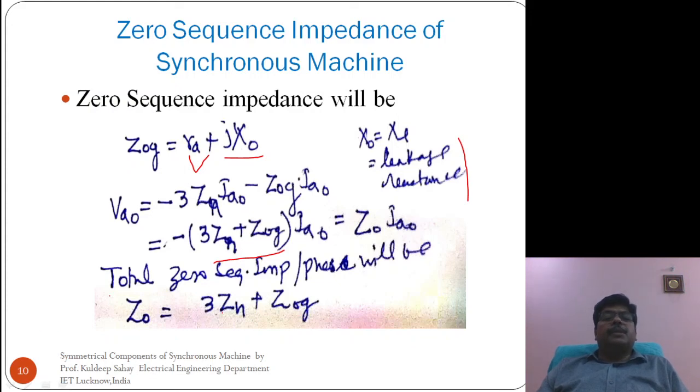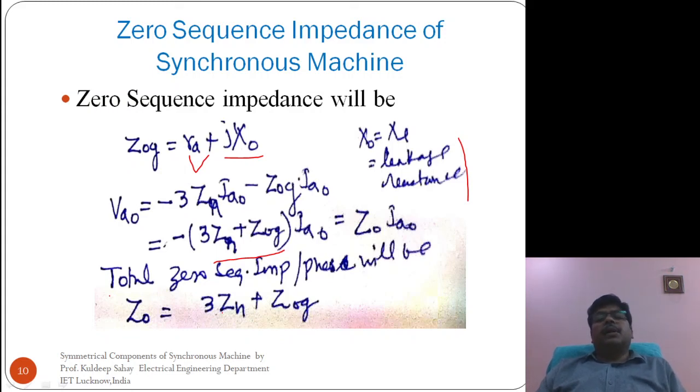If there is an impedance Zn in the path, the equivalent zero sequence impedance due to Zn and Z0G will be 3Zn plus Z0G.